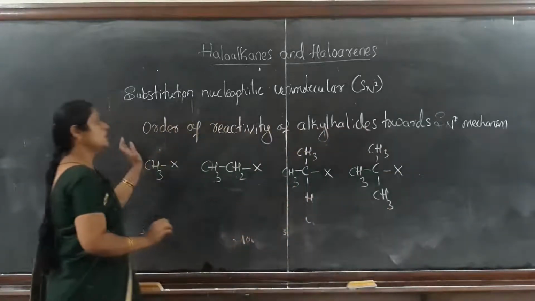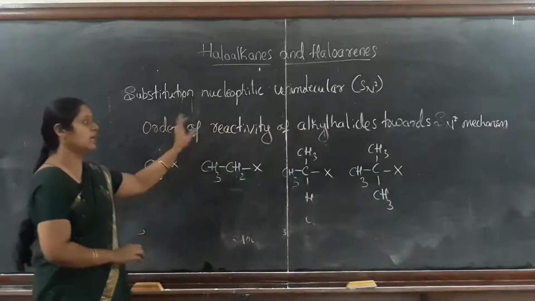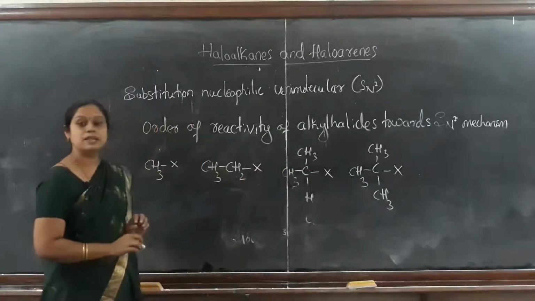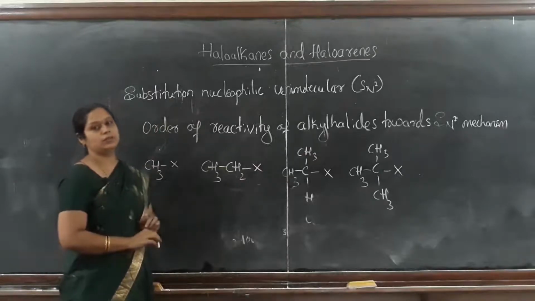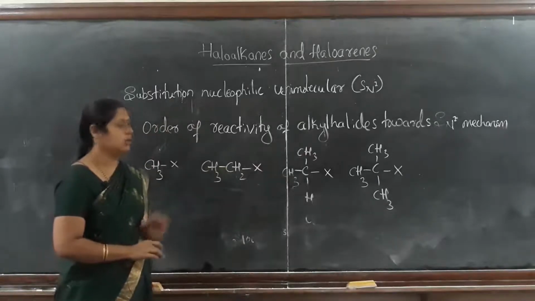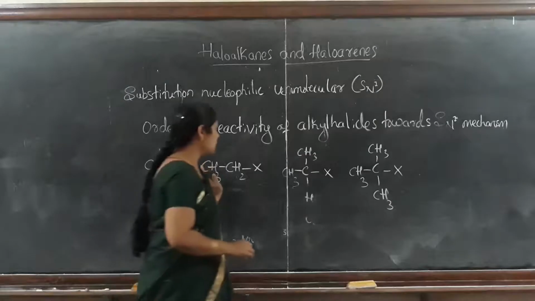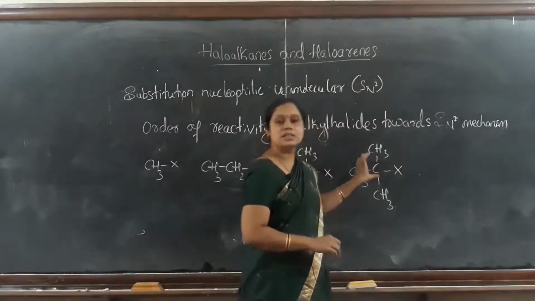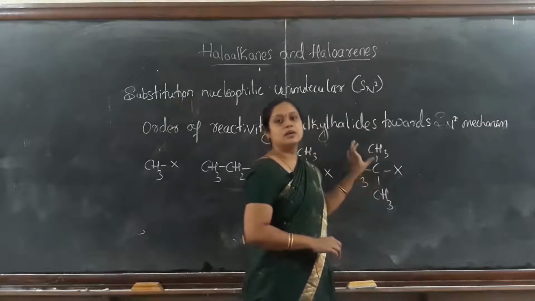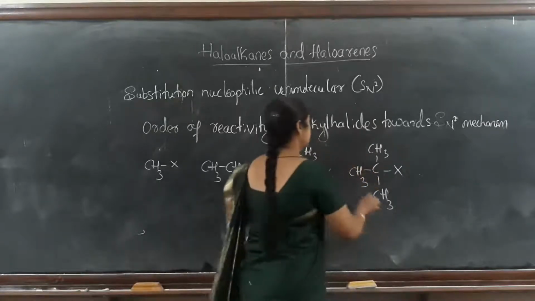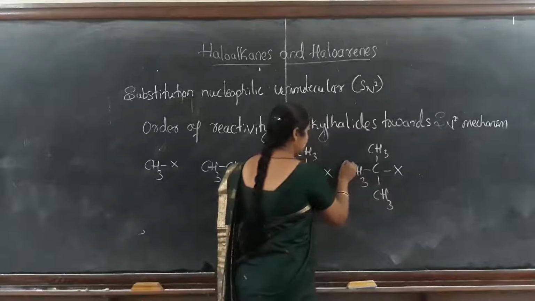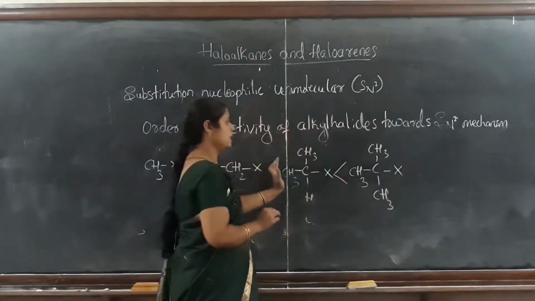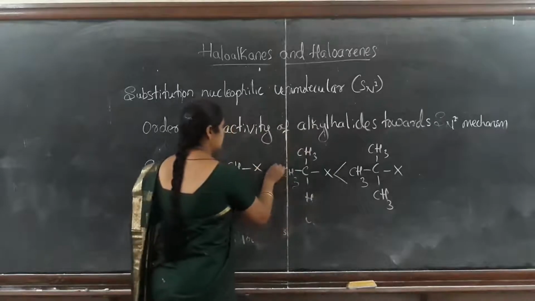The order of reactivity towards the SN1 mechanism depends upon the stability of the carbocation. When you compare primary, secondary and tertiary alkyl halides, the tertiary carbocation is more stable. Hence, tertiary alkyl halides are more reactive towards the SN1 mechanism than secondary alkyl halides.